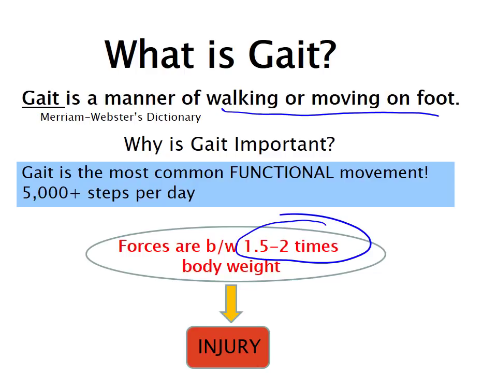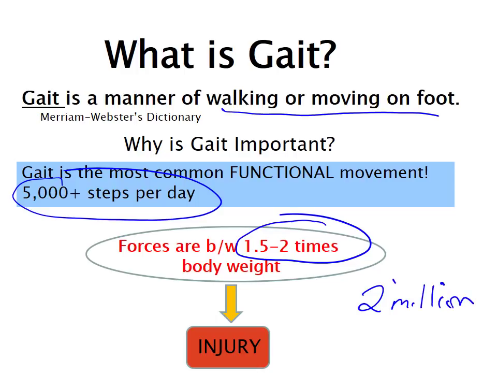And over the course of a day, we take about 5,000 steps, which yields about 2 million steps annually. This means we load our joints a lot, and that translates into plenty of wear and, of course, plenty of injury.